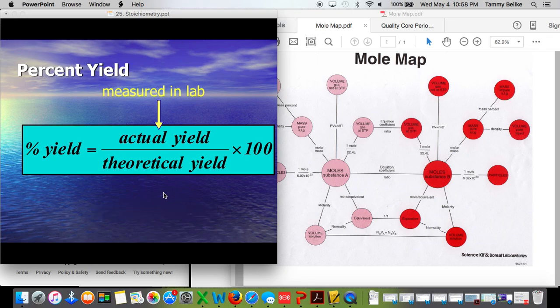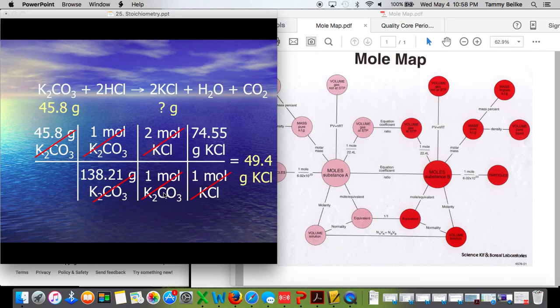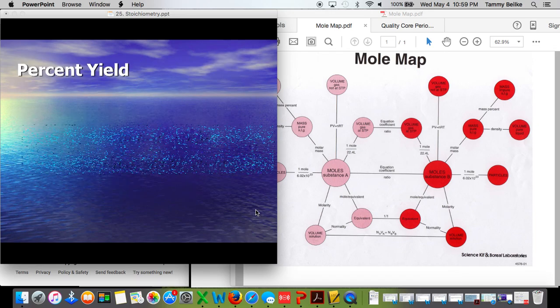So in that previous problem over here, this 49.4 is a theoretical yield. It is a product, and so you are theoretically making this amount of product. The question is, do you actually make that amount of product? Possibly, but possibly not. Okay?